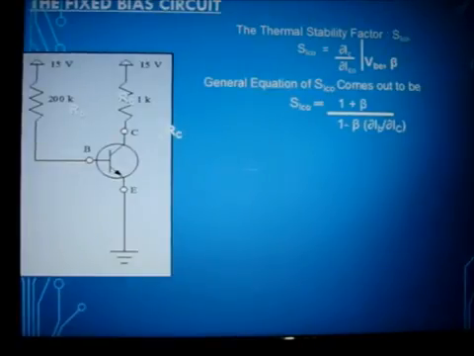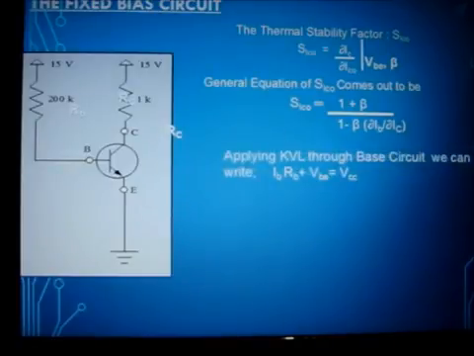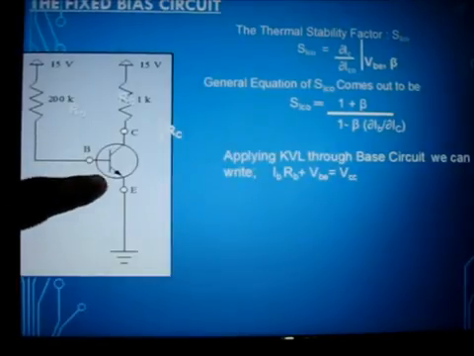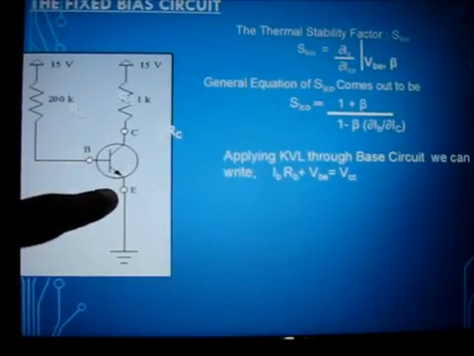So the general equation becomes 1 plus beta by 1 minus beta of dou IB by dou IC. Now by applying KVL in this circuit, we get IB into RB plus VBE equals VCC.